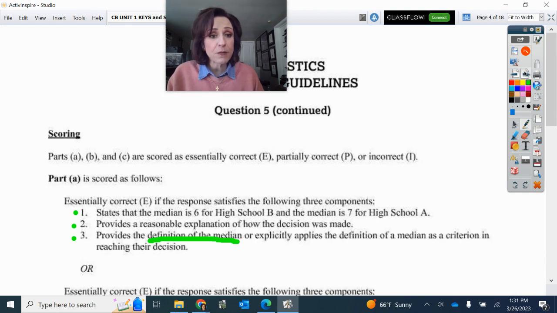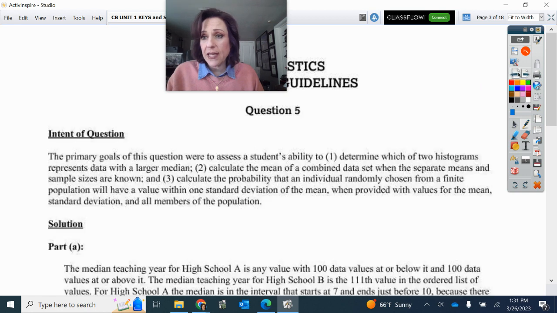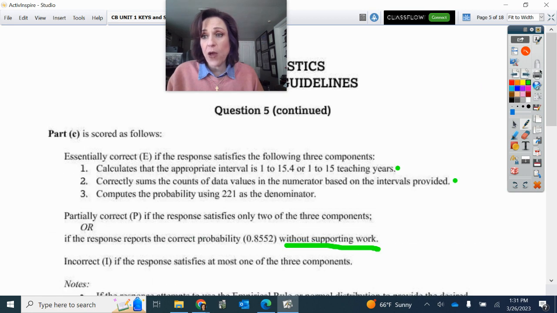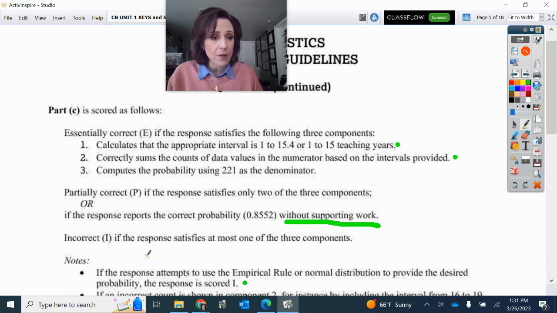And it specifically states that right here in the third part: if the response reports the correct probability without supporting work, then you got marked down to a P. So that's why I've told you all the time, work to prove how you came up with your values.